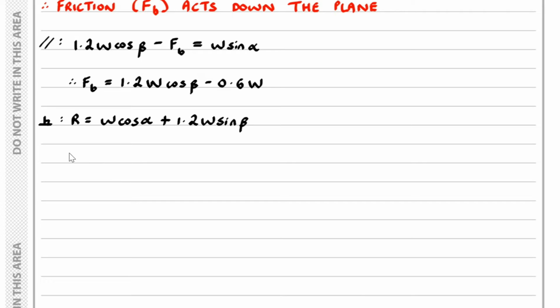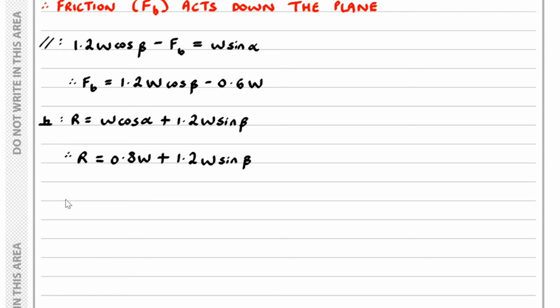And therefore R is equal to 0.8 W, that's because cos alpha is 0.8, plus 1.2 W sine beta.